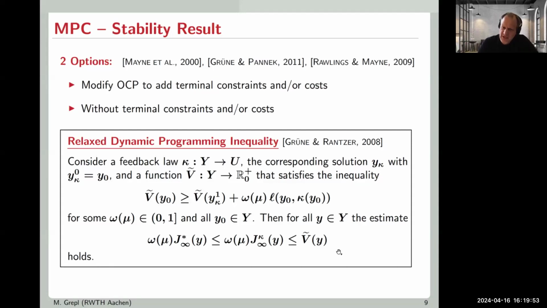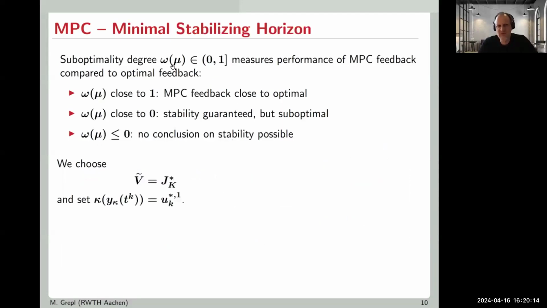To do that, you choose V tilde as your finite horizon optimal value function. And this alpha, which appears in the relaxed dynamic programming inequality, is the so-called suboptimality degree. It varies between 0 and 1 and measures the performance of your MPC feedback law compared to the optimal feedback. The optimal would be the infinite horizon feedback.